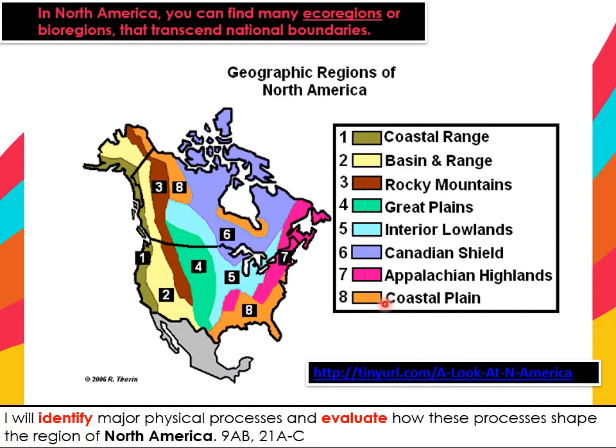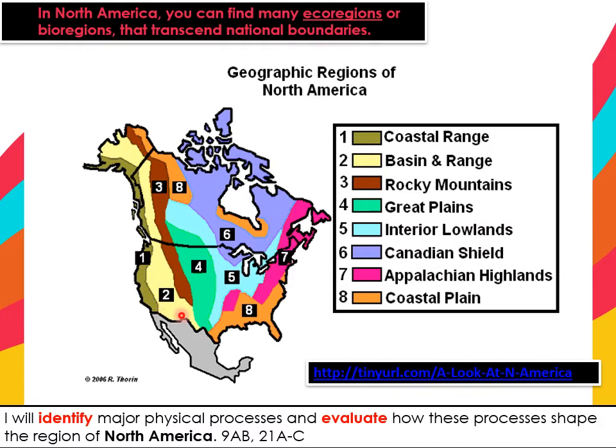So, for instance, the coastal plains are in the southeastern part of the United States. And the coastal range would be along the west coast of the United States, going all the way up into Alaska. So this is all the Pacific Northwest going up into Alaska from Southern California.